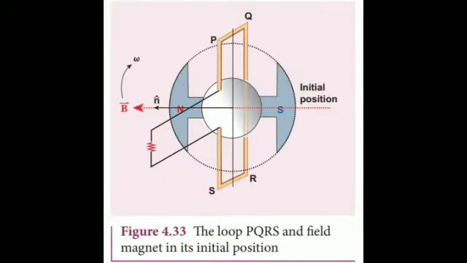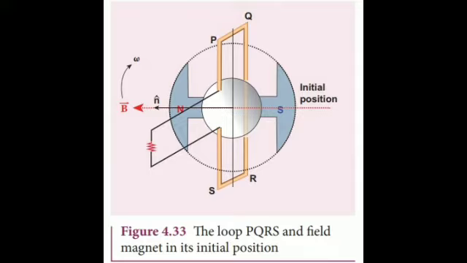Working. The loop PQRS is stationary and is perpendicular to the plane of the paper. When field windings are excited, magnetic field is produced around it. Let the field magnet be rotated in clockwise direction by the prime mover.